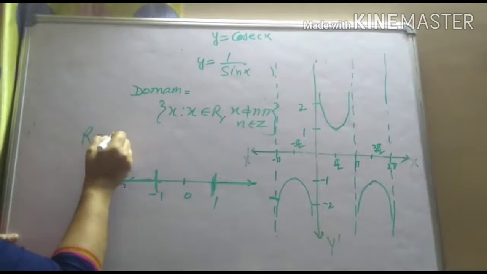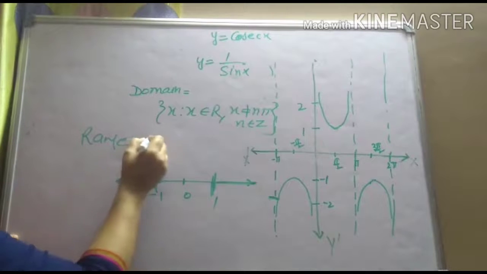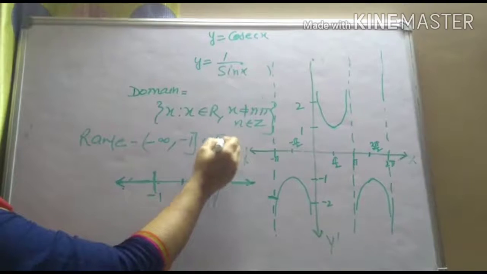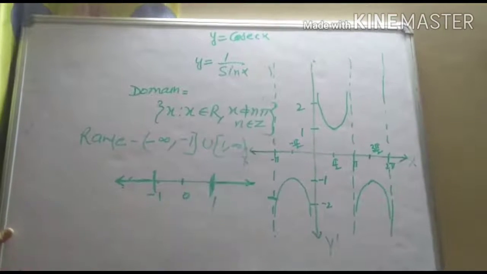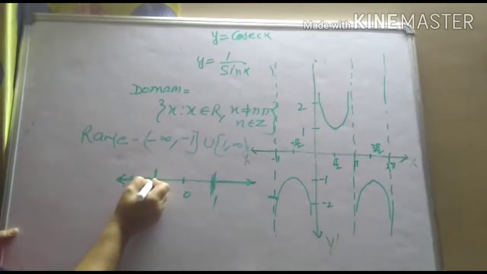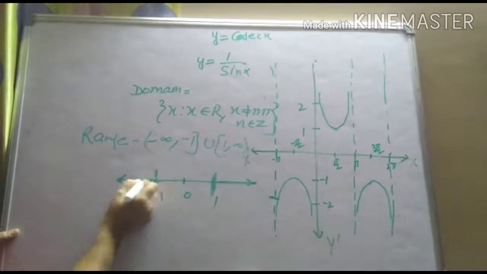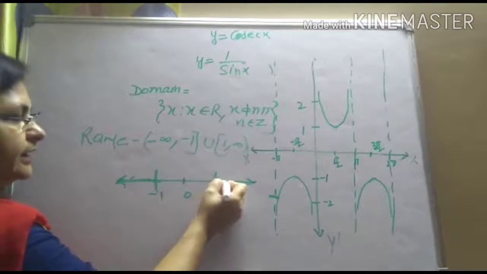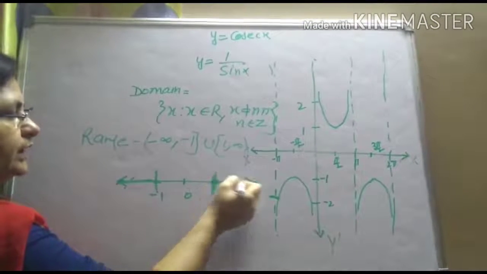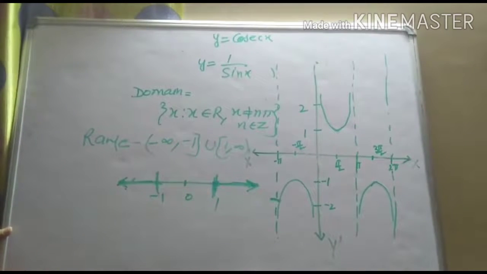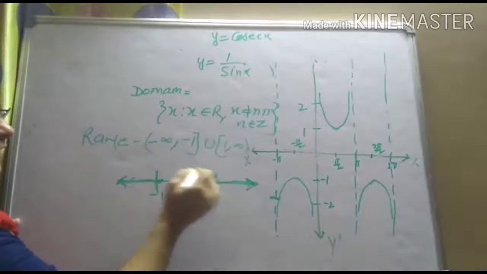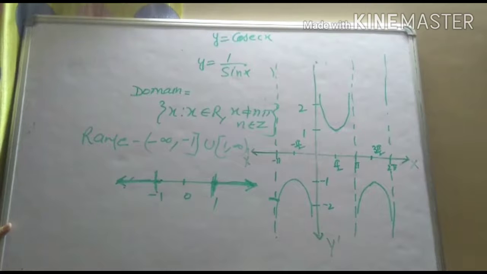So the range of the function is minus infinity to minus 1 union 1 to infinity. It means minus 1 is included and all the values less than minus 1. Again, 1 is included and all the values greater than 1 are in the range of cosecant x. But there is no value between minus 1 and 1.